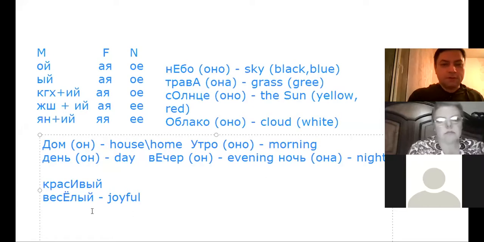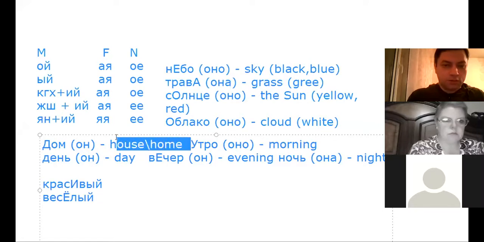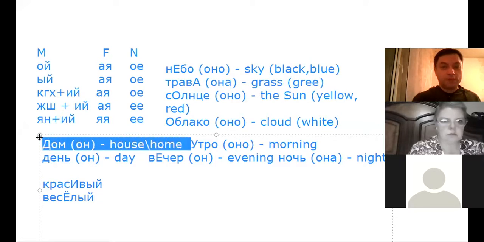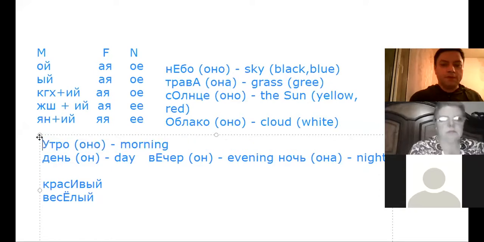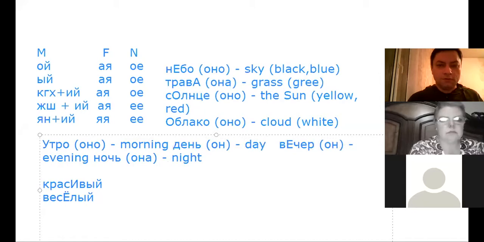And let's repeat the exercise which we have done before. Let's take away this word дом. We're not going to use it to practice. It's just for your information. It's an important word. And here we have 4 different nouns: утро, день, вечер, и ночь.